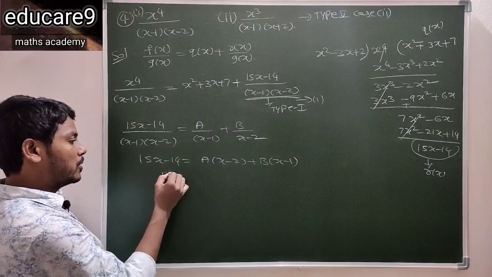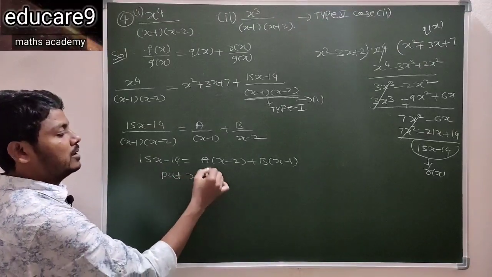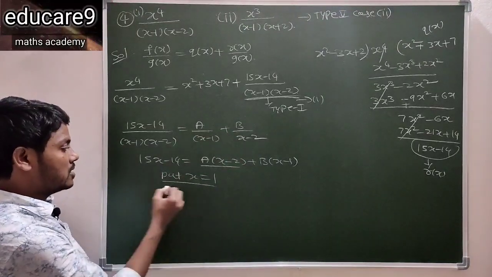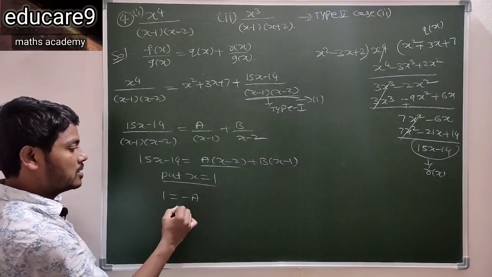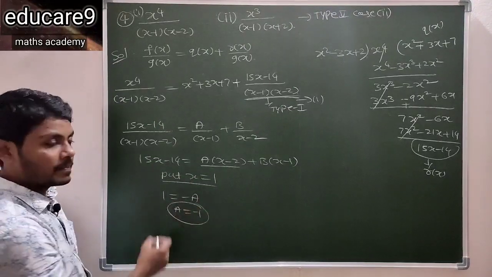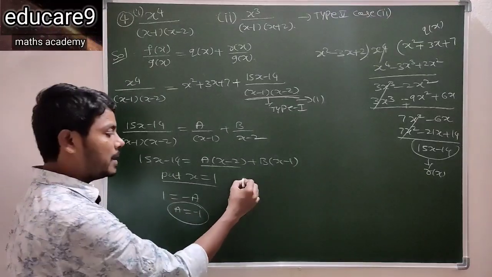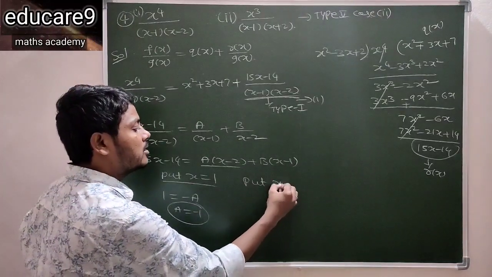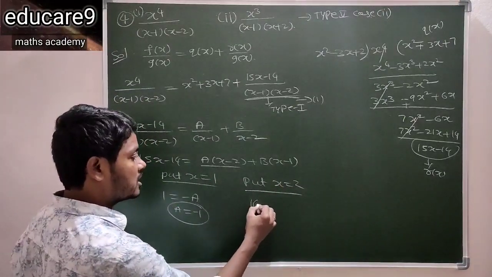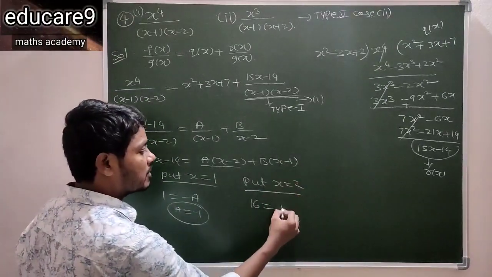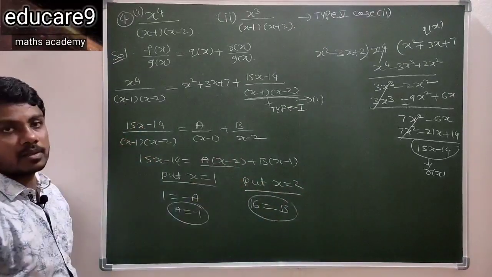So first put x is equals to 1, you will get the value of a. See here 15 minus 14, 1 is equals to minus a. So a is equals to minus 1. For finding the value of b, put x is equals to 2. So 30 minus 14, 16 is equals to 2 minus 1, b. So b is equal to 16.